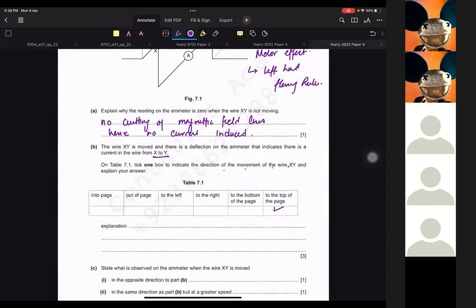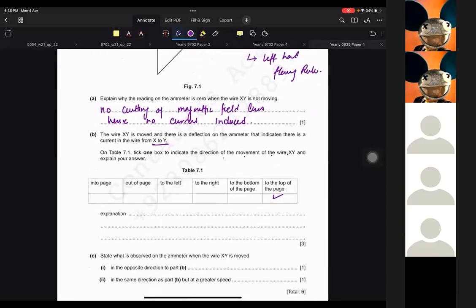Okay. Then the explanation for this one is that whenever something like this comes, the current, movement or force, you can write force, and magnetic field must always be 90 degrees to each other.